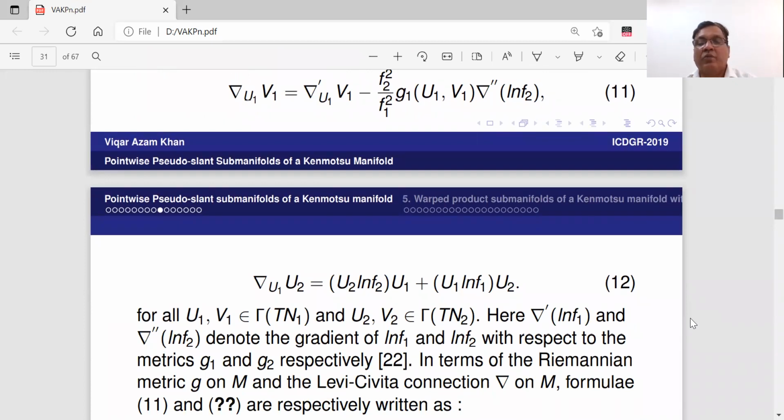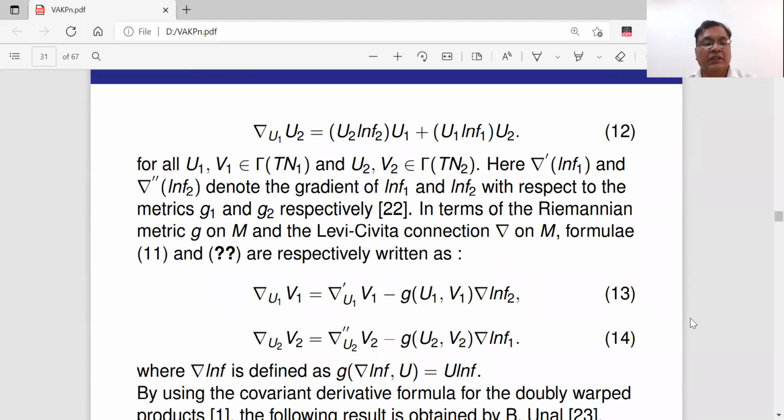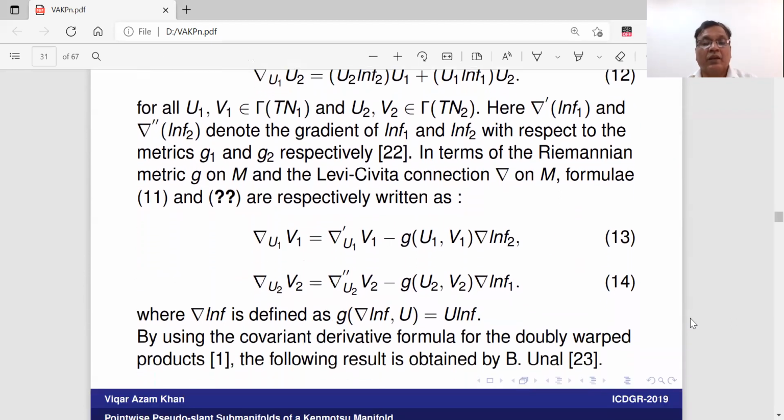Similarly, formula number 12 is obtained for these warped products. We have several formulas which are already known. Del ln F is defined by this relationship, g of del ln F, U equals U ln F.